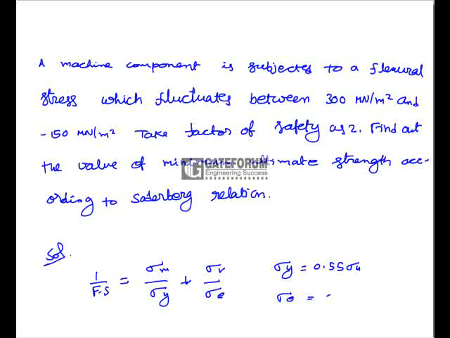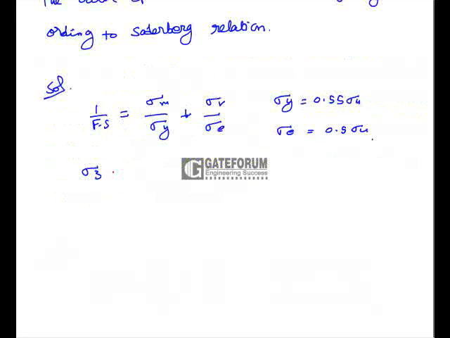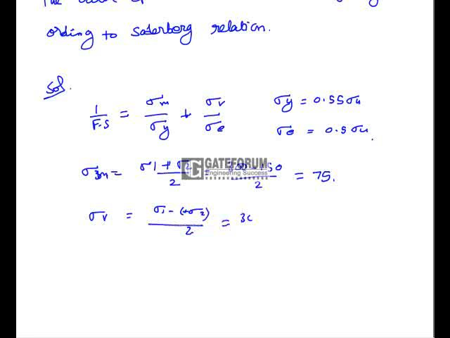And sigma e is equal to 0.5 times sigma u, and here sigma m, that is mean stress, is sigma 1 plus sigma 2 by 2. Here sigma 1 is the upper limit and sigma 2 is the lower limit, that is 300 minus 150 by 2, which is equal to 75. And here variable stress sigma v is sigma 1 minus sigma 2 by 2, which is equal to 300 plus 150 by 2 is equal to 225 meganewton per meter square.